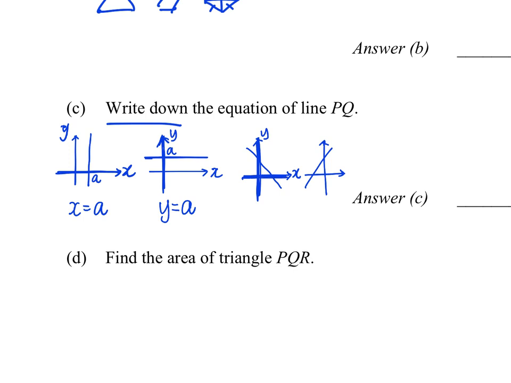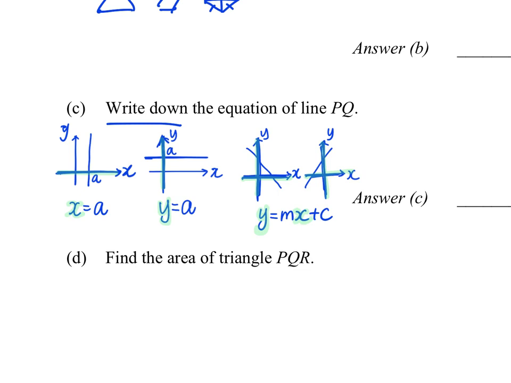So in this kind of question, when you have a slanted line, it will be in the form y equals mx plus c. You notice if it only cuts the x-axis, it will be x equals. If it only cuts the y-axis, it will be y equals. If it cuts both the axes, you will have y and x.